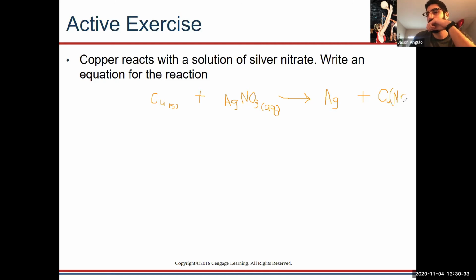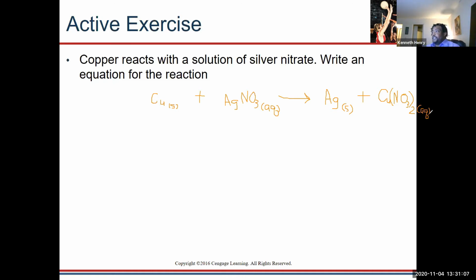I think. Am I forgetting anything? I just don't know if the silver in this case becomes a solid, or does it stay aqueous? It becomes a solid. Okay, and then the other one would become aqueous. Yep, you just basically freed up the metal so it's able to come out of the solution.